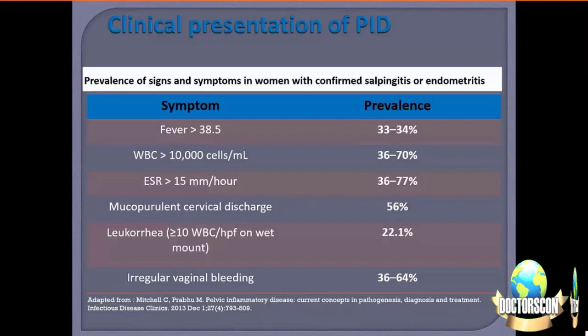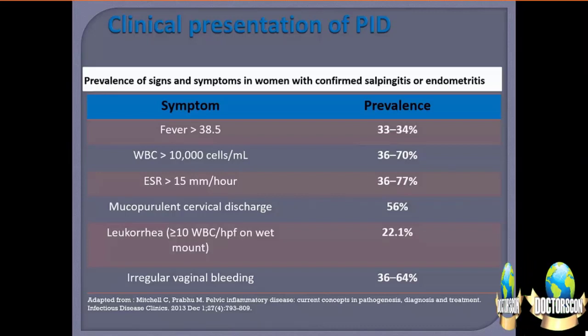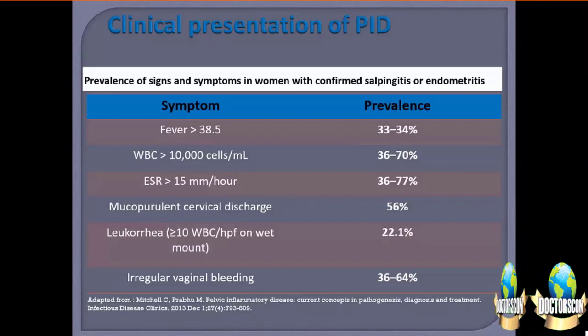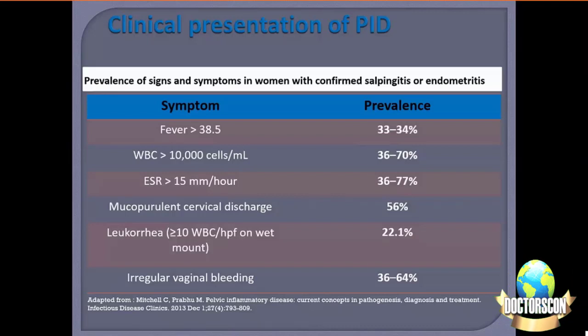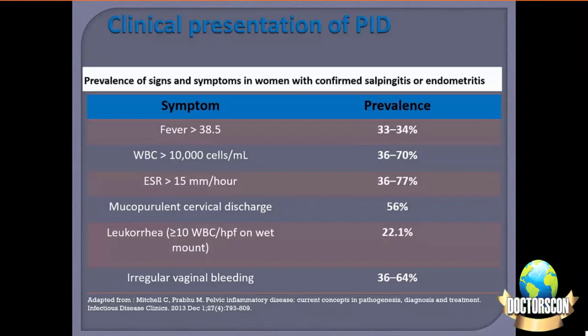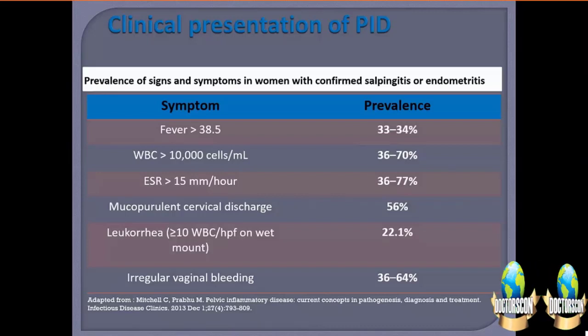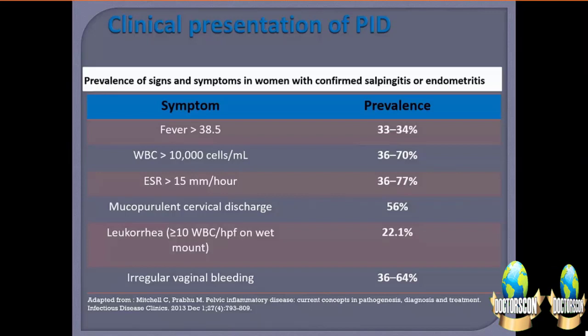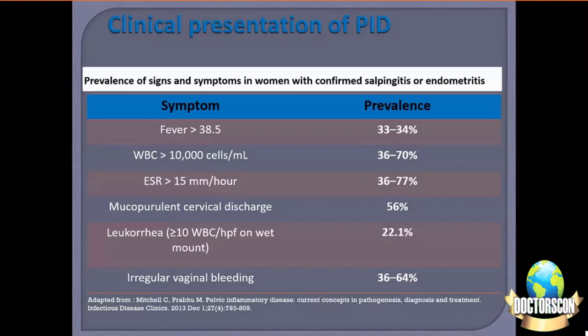For Neisseria, chlamydia, and Mycoplasma genitalium, we do the NAAT test, which is highly sensitive for these organisms, and these can be self-taken by the woman. It is not necessary for a healthcare professional to take these swabs. They can be self-taken and brought to the health facility for testing. Next.